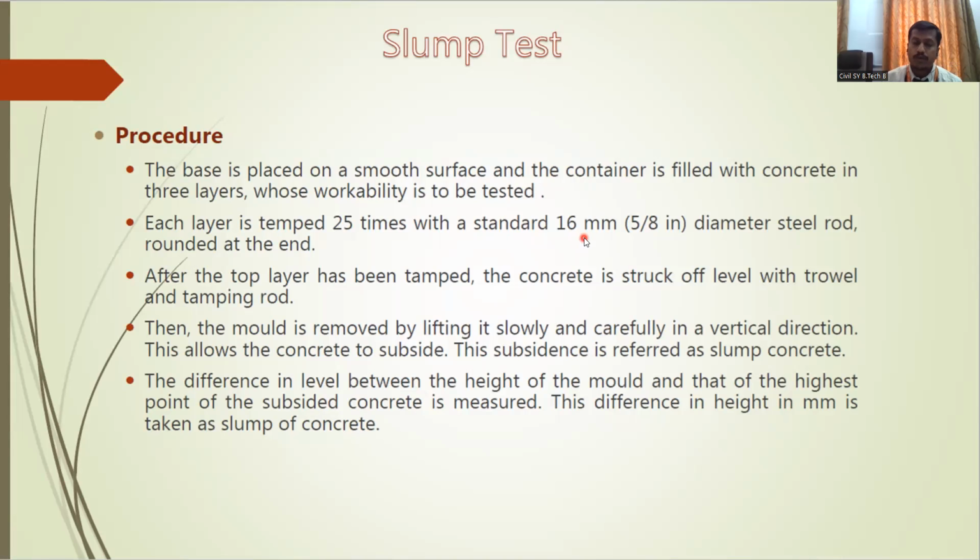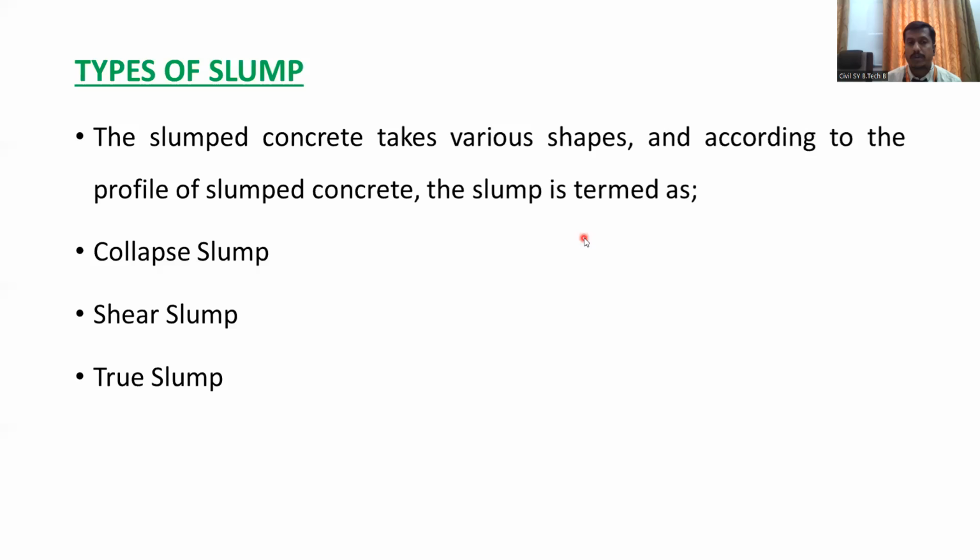Okay, 25 blows you have to give it, and then you are going to fill the cone completely with the concrete. And after that, you are going to measure the collapse of that particular concrete. Okay, the slump concrete takes various shapes according to the profile of the slump cone.